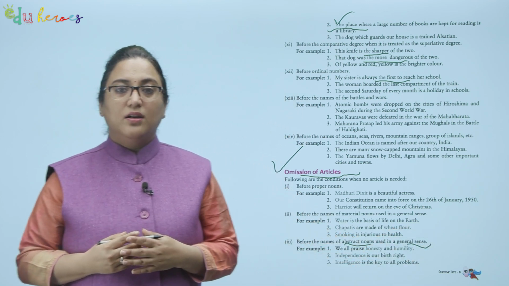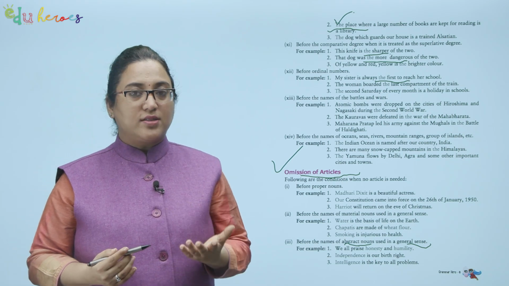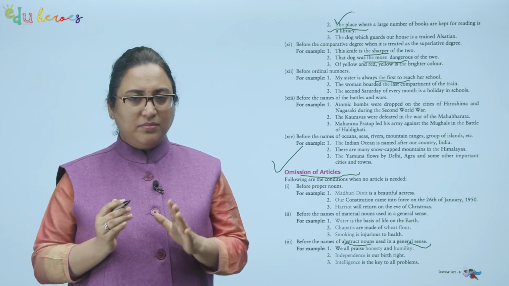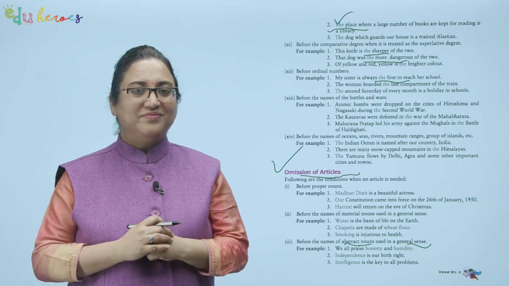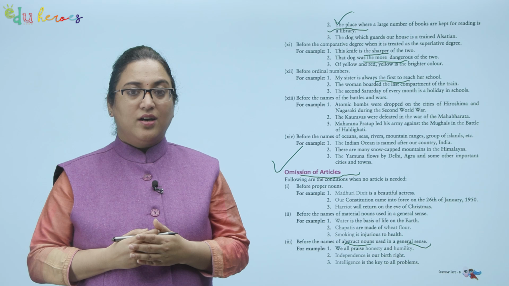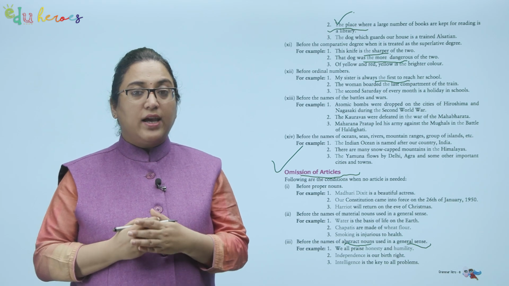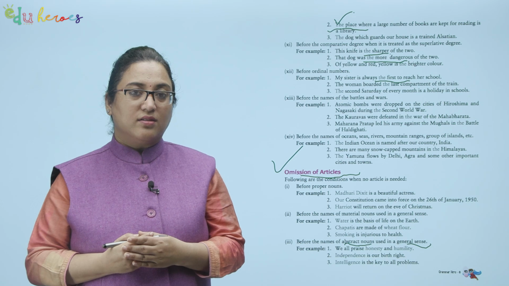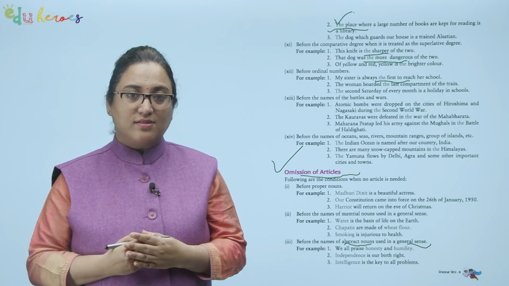For example, we all praise honesty and humility. What are the abstract nouns here? Something that is not tangible. Yes, you're right. Honesty and humility. Now, we don't need to use any articles before these two words because these are abstract nouns.